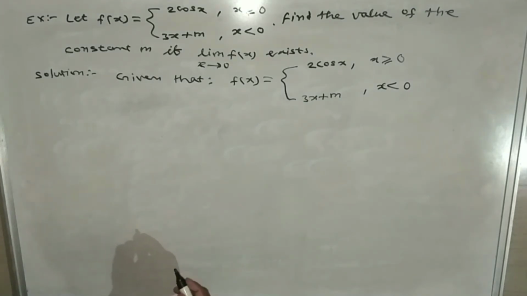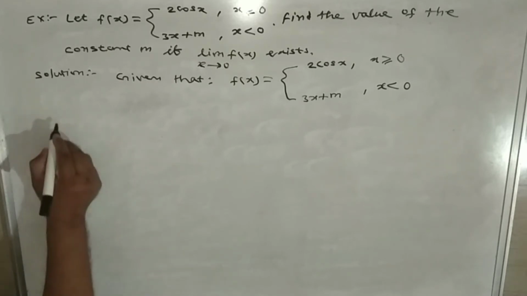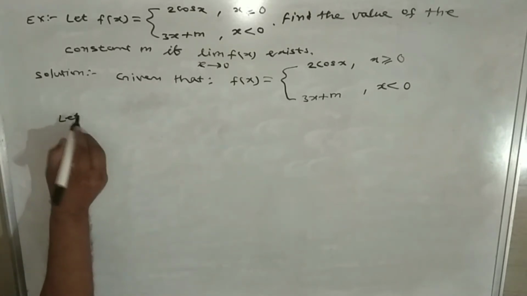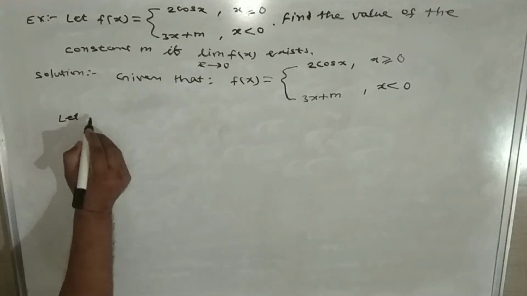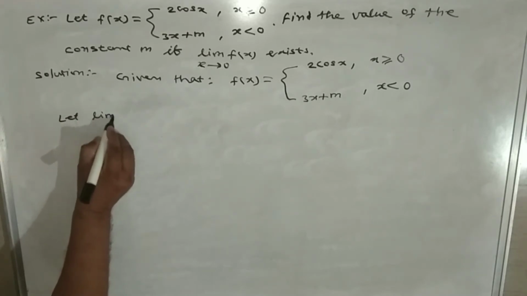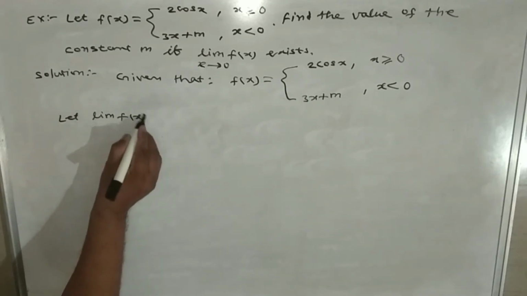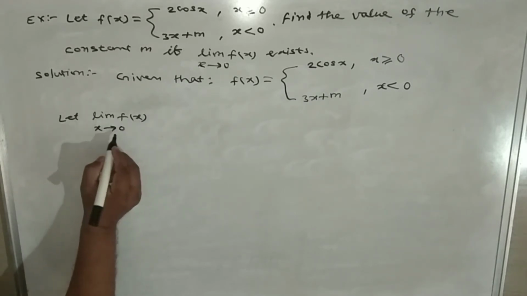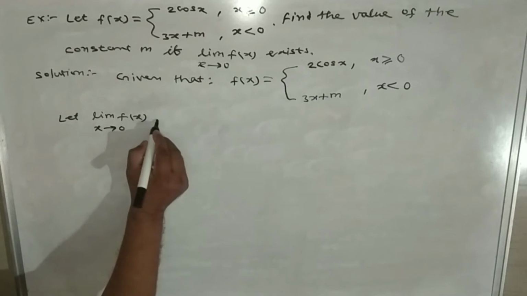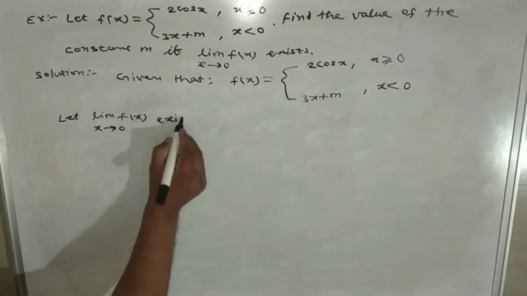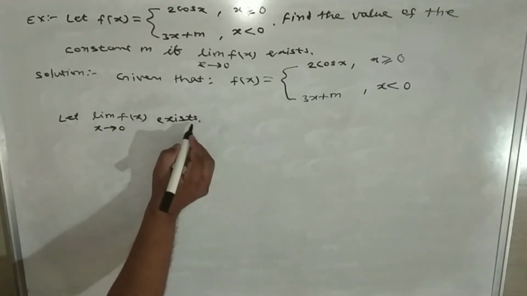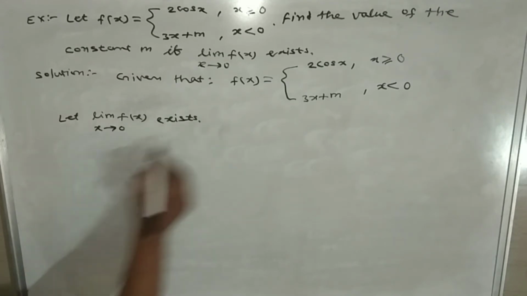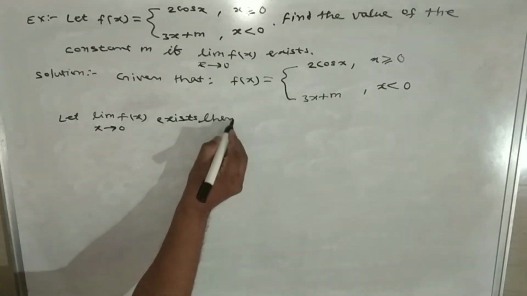We have given, so let the limit of the function f of x as x tends to 0 exist. Then what do we have?